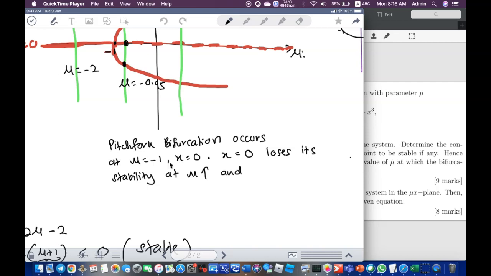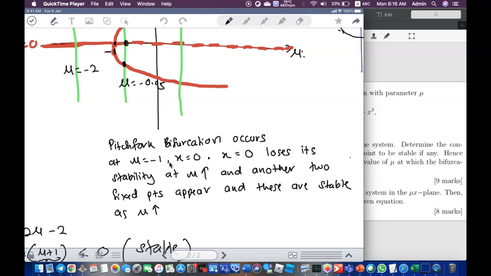This is the physical description, and another 2 fixed point appear, and these are stable as mu increase from mu minus 1.